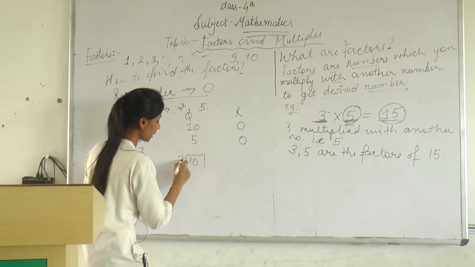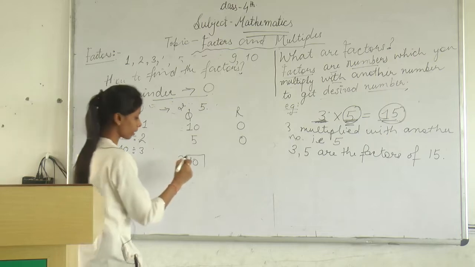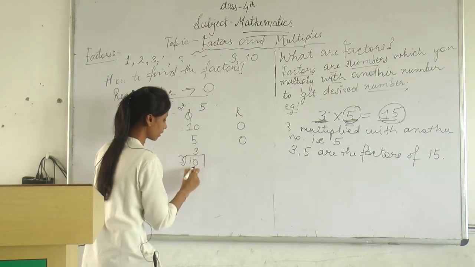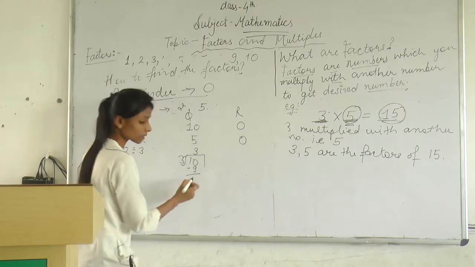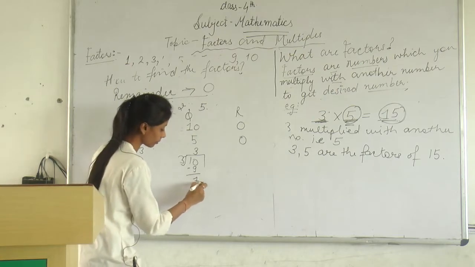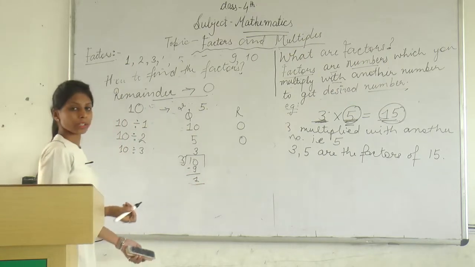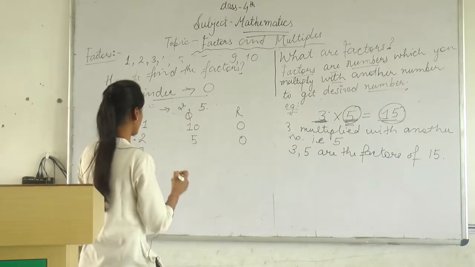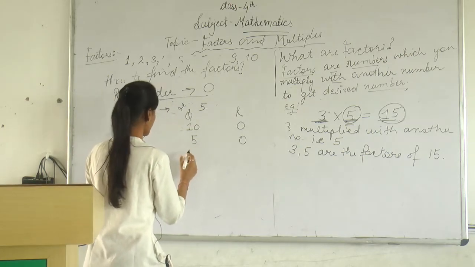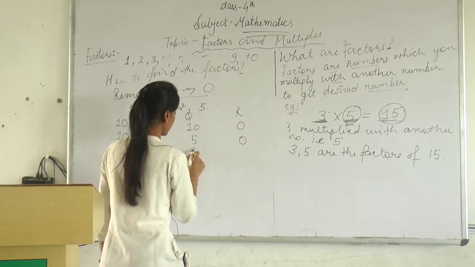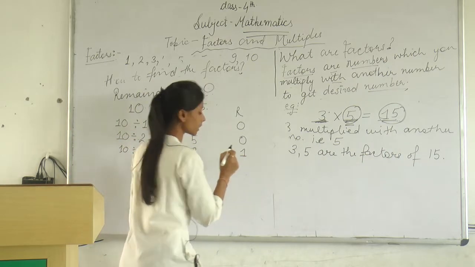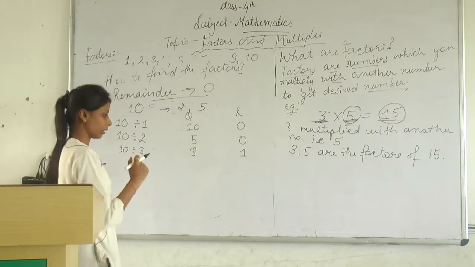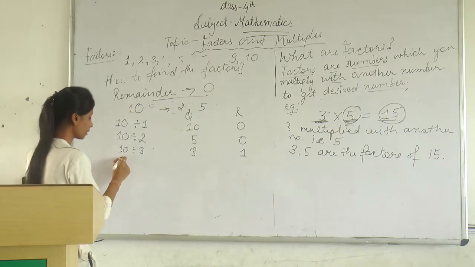If I divide 10 by 3, 3 times 3 is 9. After doing subtraction, what remainder is left? 1. So, is it a factor of 10 or not? No. Here we don't say it is a factor of 10 because it leaves a remainder 1. Moving on to the next number 4.